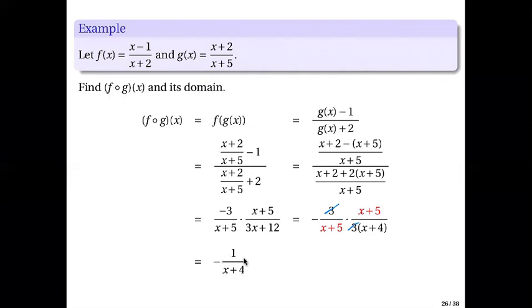If you only base your answer on this, you would only say that your x cannot be negative 4 because that is your denominator. Okay? But there's more to that.